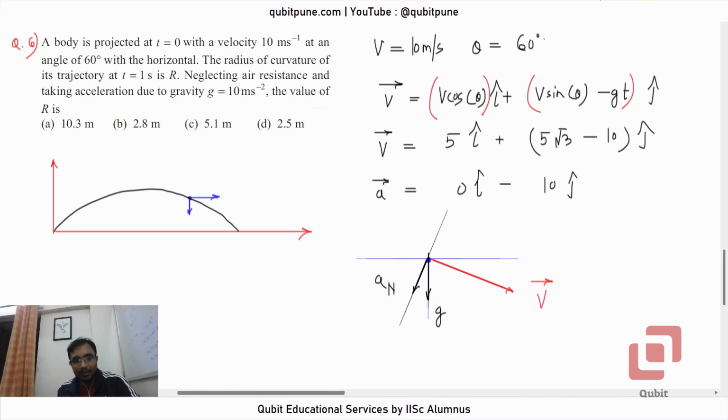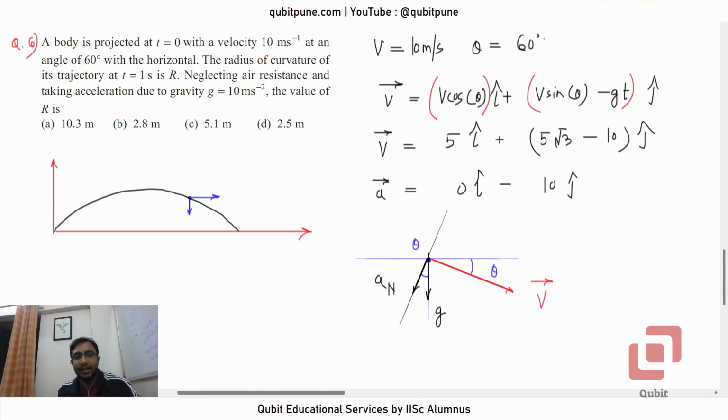Now, call this angle theta. Do you agree that this angle will also be theta? The angle between any two lines is the angle between their perpendiculars.